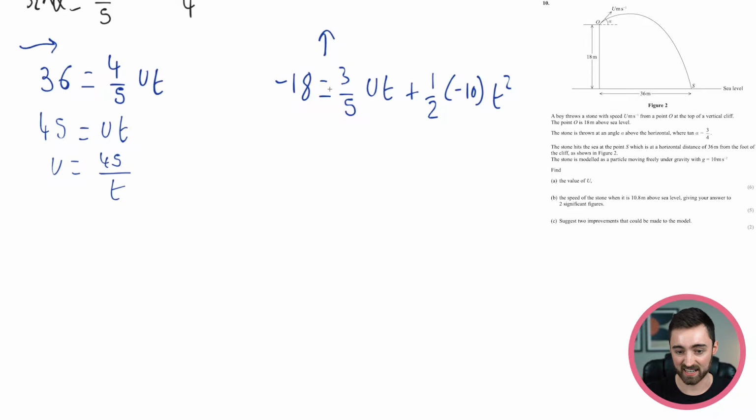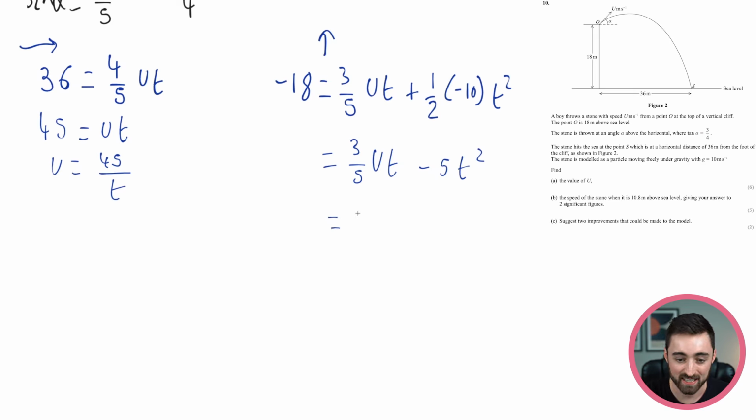Let's see what we can do to clean this up before I start subbing anything else in. I'm going to get minus 18 is equal to 3 over 5 ut, minus 10 times a half is going to be minus 5t squared. Okay, let's sub it in and see what we get.